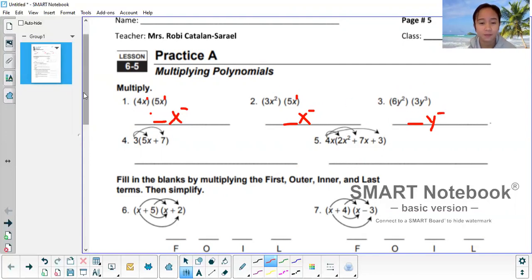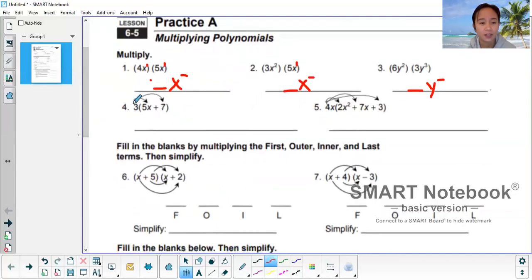Okay? For this part, you have a parentheses. Those arrows indicate that you're going to multiply whatever is outside to the terms inside. So 3 times 5x. So 3 times 5, you write it down. And then you only have x. 3 doesn't have any variables, so you just copy the x.